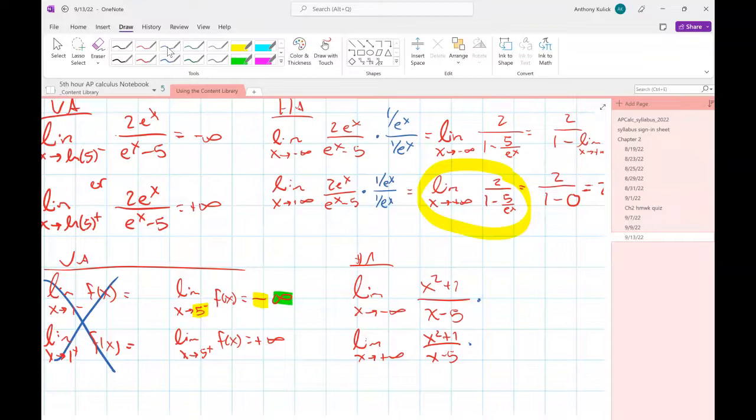I would do 1 over x. I would not want to do 1 over x squared, because if I do that, I'm going to end up with 0 in the denominator. So I want to just get the denominator to not have a 0 in it. That's x squared plus 1.